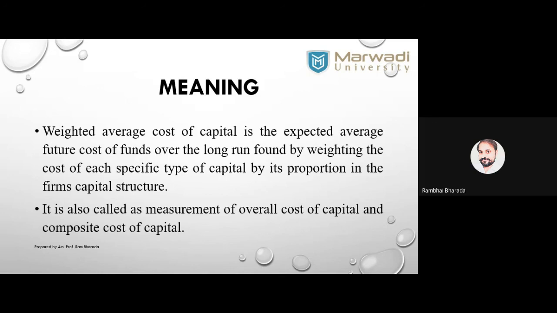How can we calculate the average price or average cost? 20 plus 30 plus 20 plus 30 plus 20. Just do the calculation. 120, am I right? And how many markers are there? 5 markers.